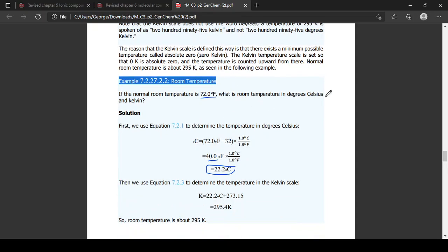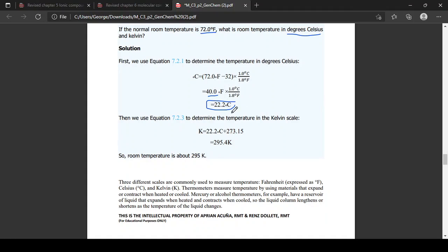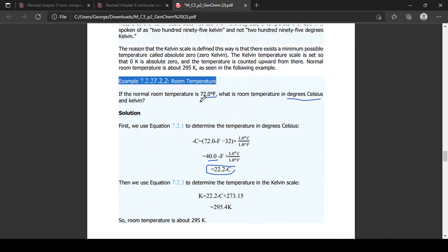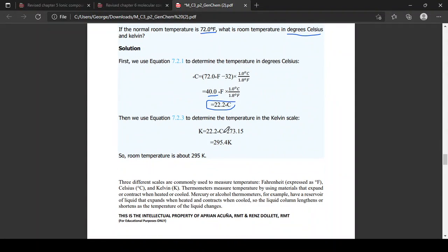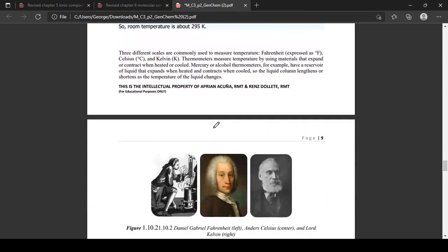Now that we have found your degrees Celsius, kids, we need to find the final answer, which is your Kelvin. Kelvin na naman, kids, now that we have found the equivalent of your 72 degrees Fahrenheit into Celsius, we just simply need to add 273 into our answer. 22.2 plus 273.15 is now equals to 295.4 Kelvin, and that is the room temperature.